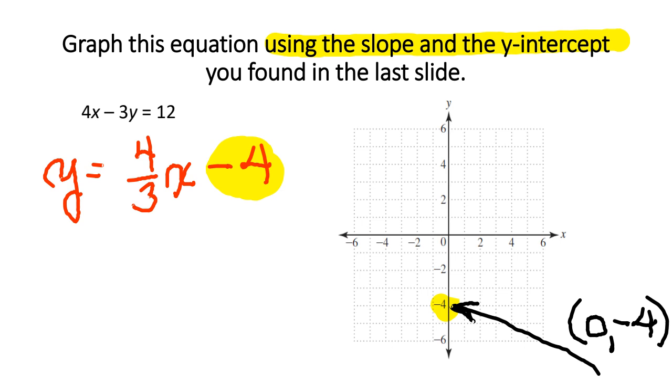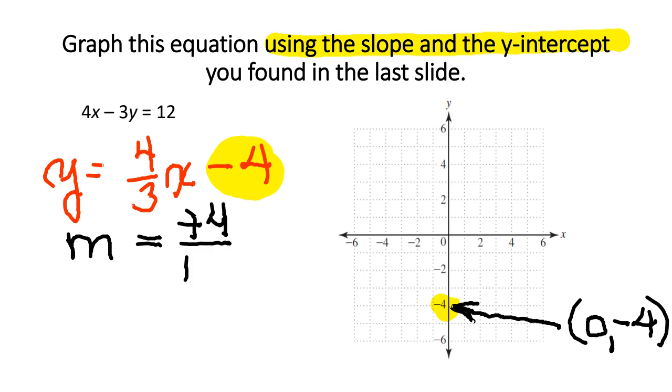Now, the fun part is the slope. Okay. Well, this yellow dot is going to take this first slope, which is a positive 4 over positive 3. From this yellow dot, I go up 4, right 3, because I have positive. I'm going in this direction.